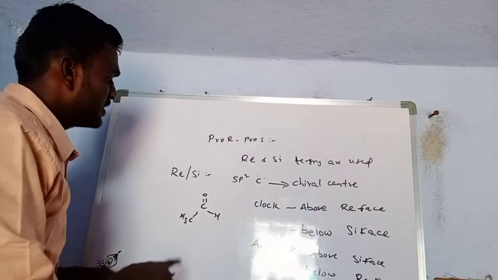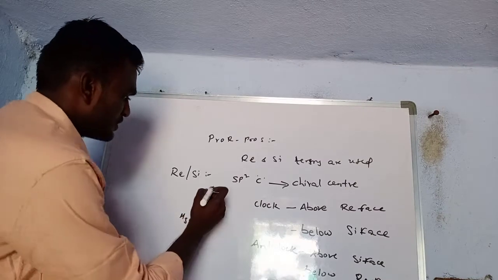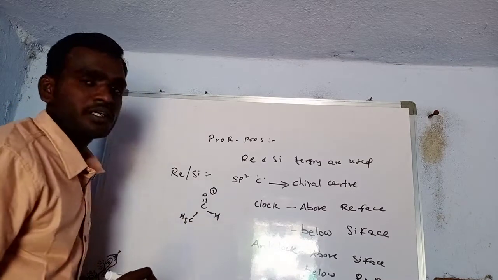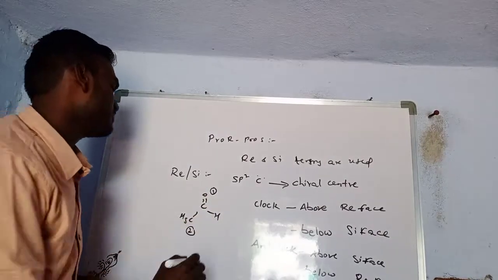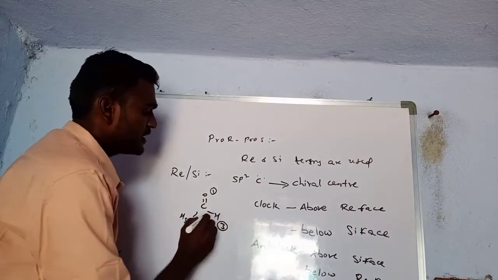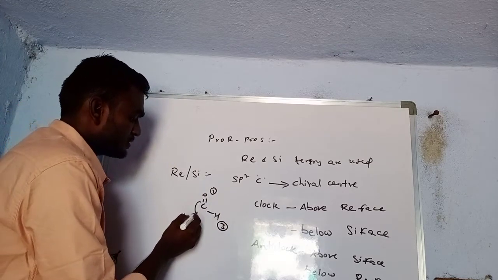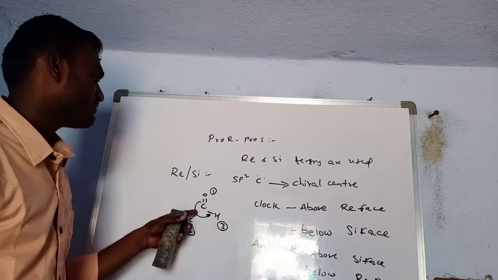Similarly, in this molecule we give the priorities according to the Cahn-Ingold-Prelog rules. The oxygen is the first priority, this carbon is the second priority, and this is the third priority. After giving the priorities, the direction is anti-clockwise.